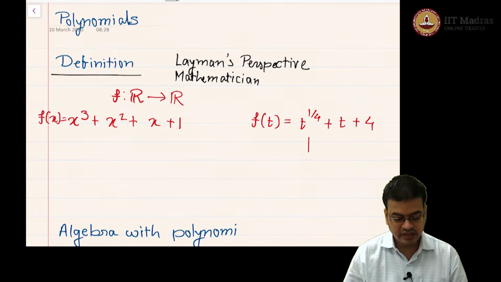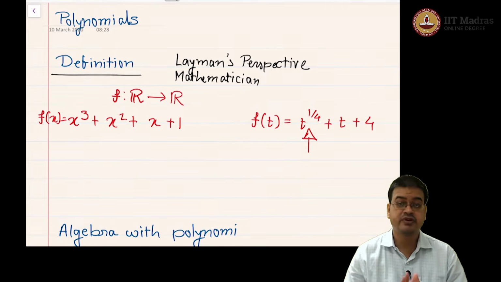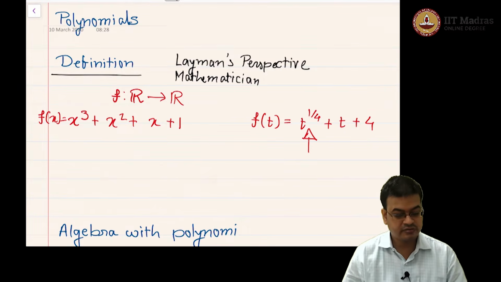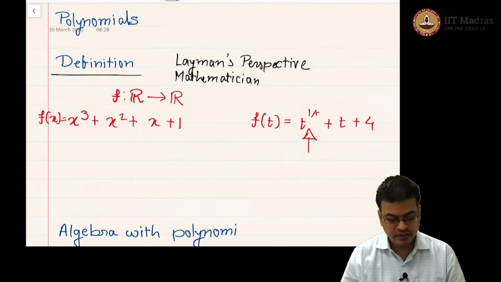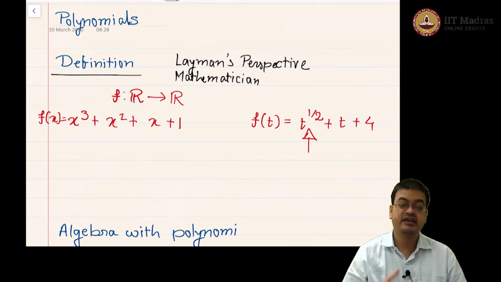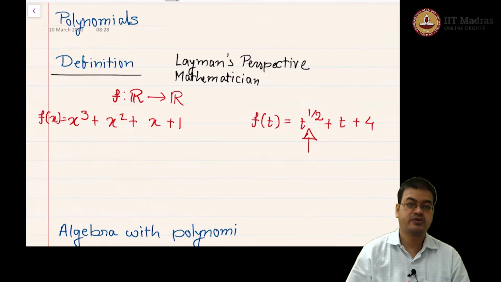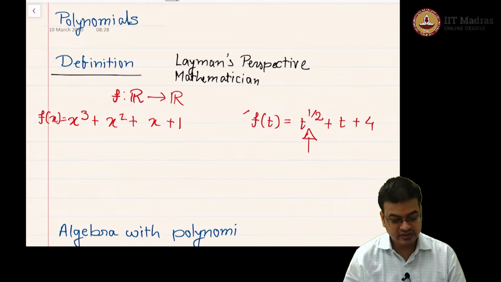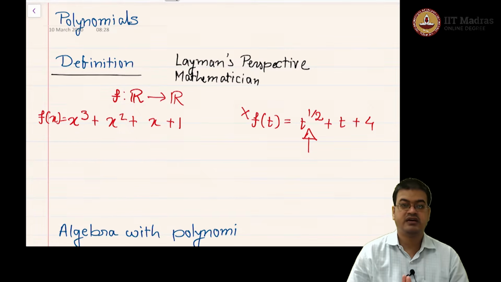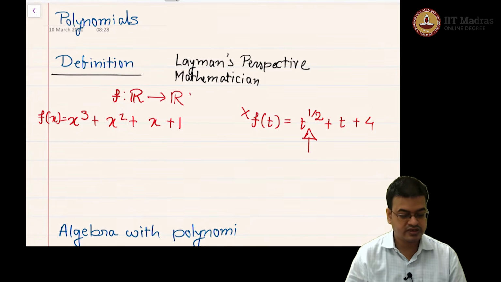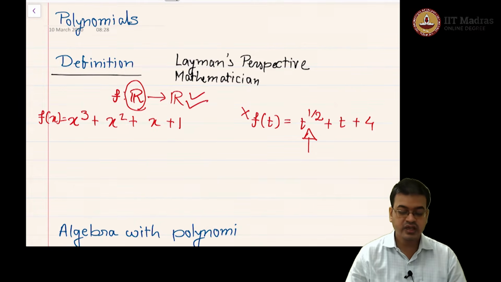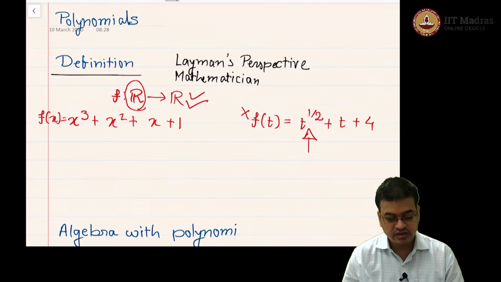Because when I take the fourth root of a negative number, or to simplify the matter, let us take t raised to half, when I take a square root of a negative number, this violates the definition of a function over R. It is not defined on R. Then I have to restrict the domain to the interval 0 to infinity.